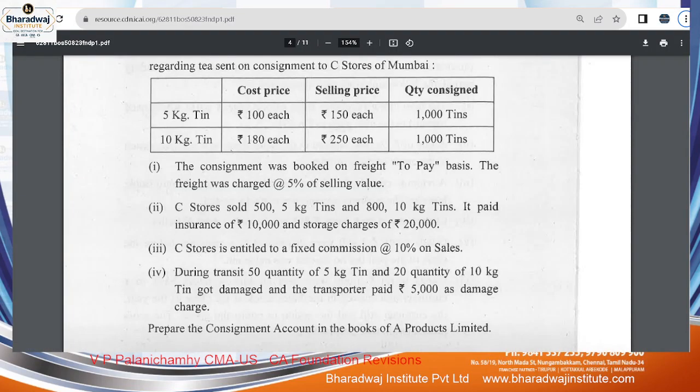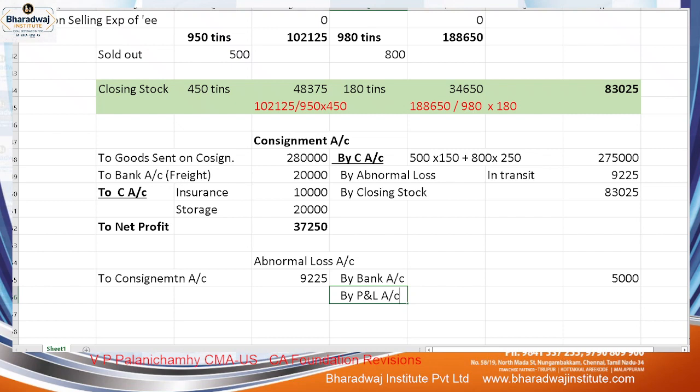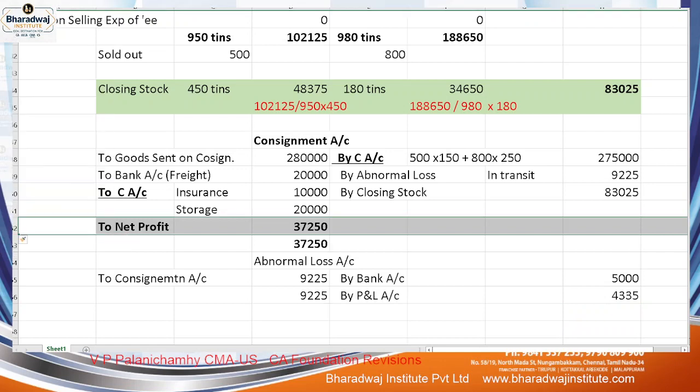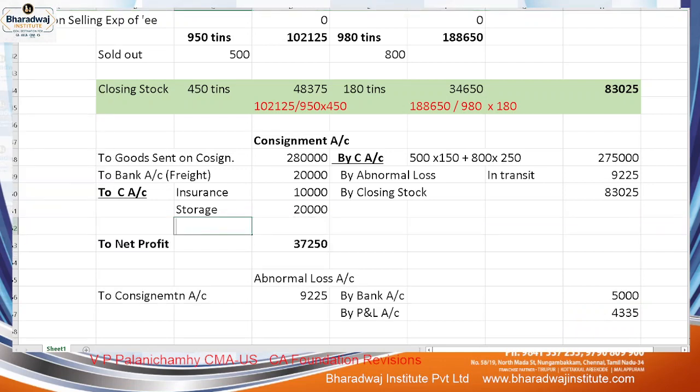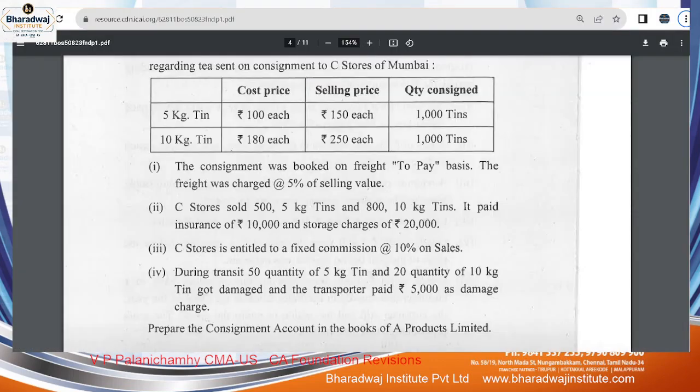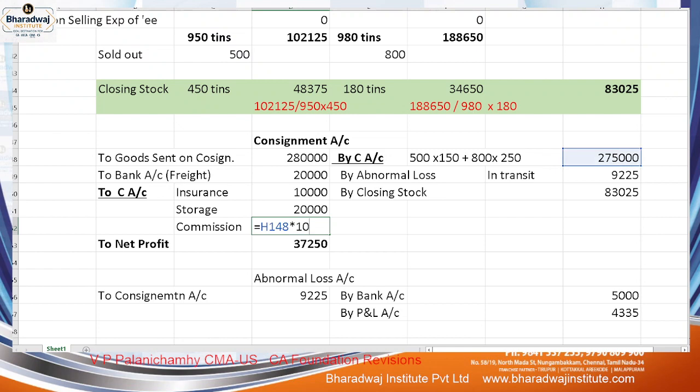Commission? Oh, commission was not included? Balance comes to 4225. What is the commission percentage? On sales 5%. What is the commission payable? 10% on sales.